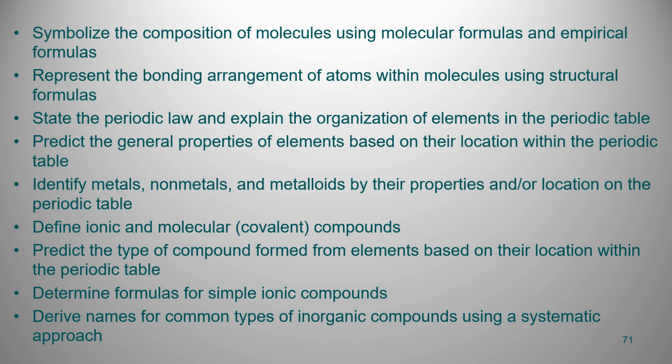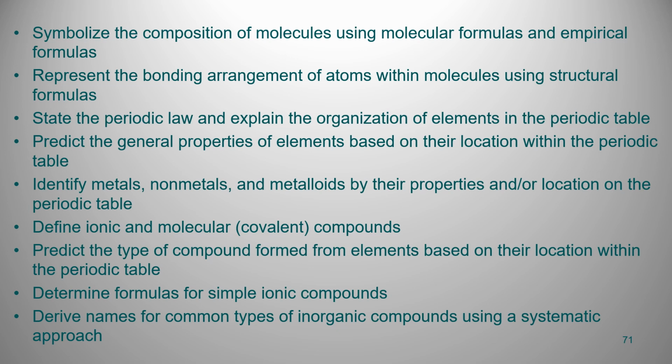Define ionic and molecular compounds. So, ionic compounds are those made up of ions. Molecular are covalent bonds. Ionic is a metal and a nonmetal, or a metal and a polyatomic ion. Molecular are two nonmetals. So being able to predict the type of compound based on their location, what I just said, determine the formulas for simple ionic compounds, be able to name them, including Roman numerals, and be able to name common types of inorganic compounds using the systematic approach.